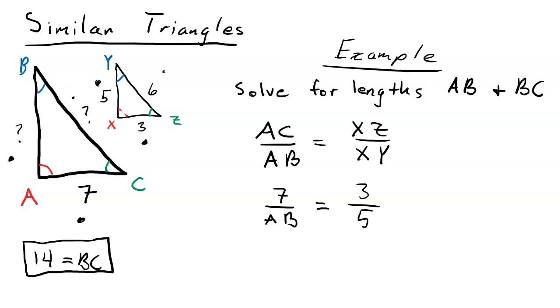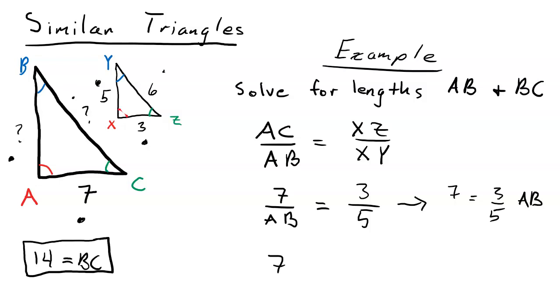Again, we're going to multiply AB onto the right and divide by 3 over 5, or multiply by 5 over 3. So we have 7 is equal to 3 over 5 AB, and again you multiply or divide, whichever way you'd like to think about it.